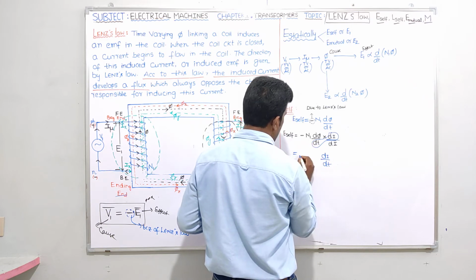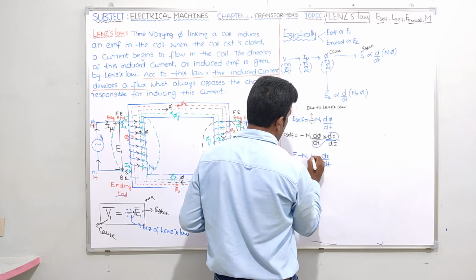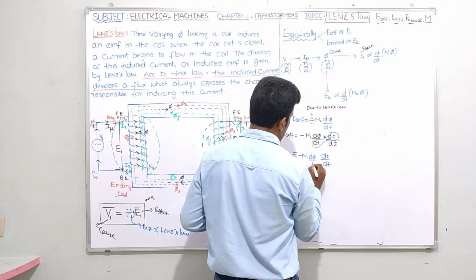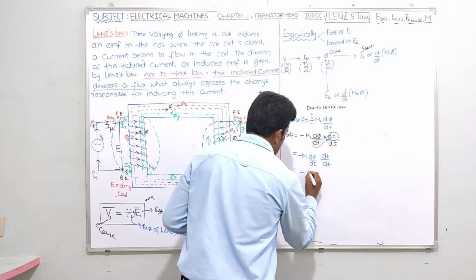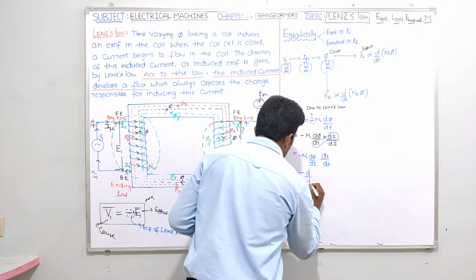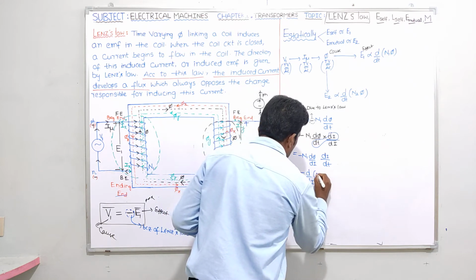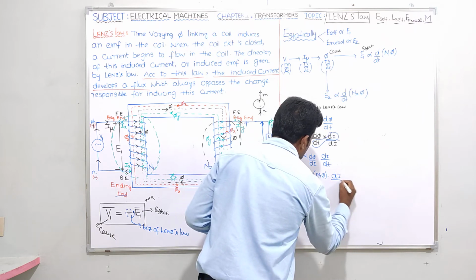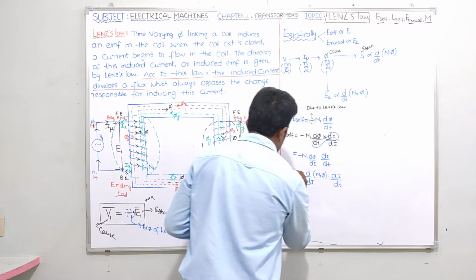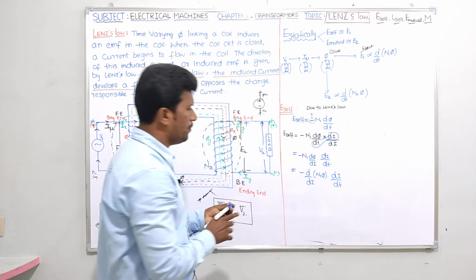Next, whatever remaining is there, minus N1 d phi by di. So please take this N1 inside: minus d by di of N1 into phi, into di by dt. This is the formula for self-induced EMF.